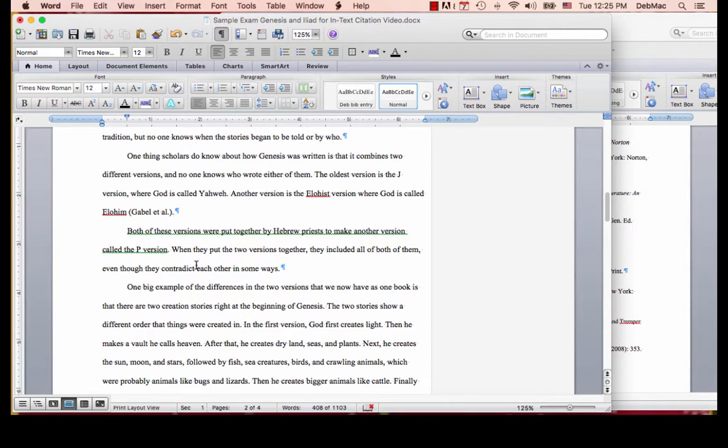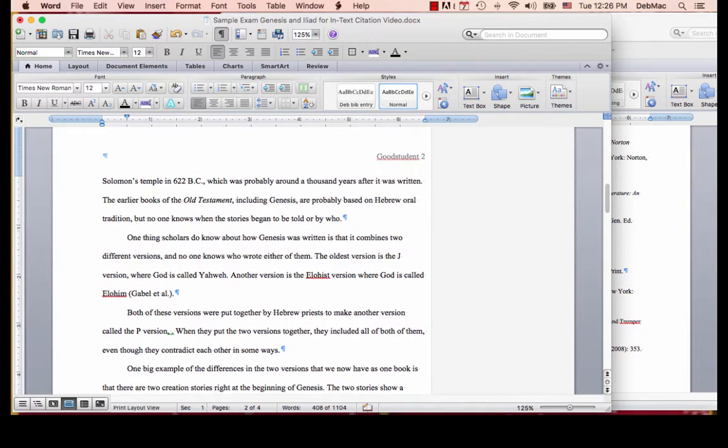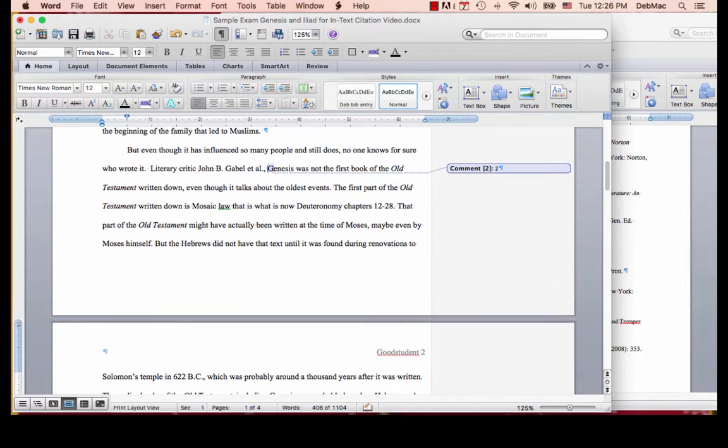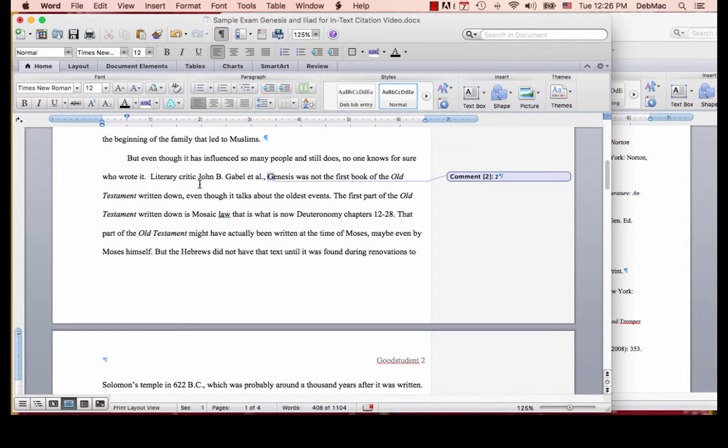The next paragraph also comes from Gable et al., but just because we say it right here doesn't mean it carries over into this paragraph. So this time we're going to state the names in the text. Now, we've already used Gable et al. in the text, and we have his full name right here and the literary critic, the identification.